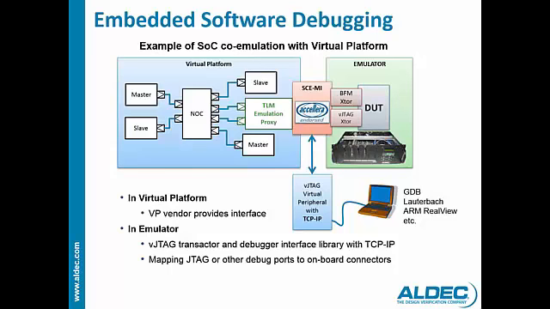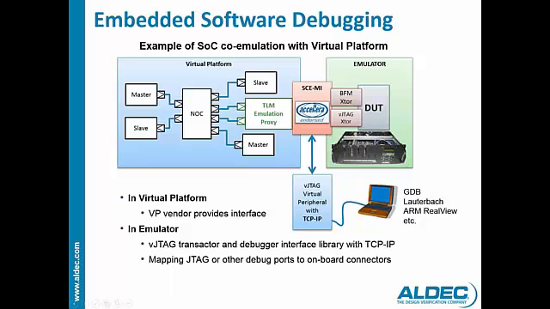But in a lot of projects there are some custom IPs, and these custom IP cores are usually available as RTL source code, and could be run in a simulator or an emulator, but there might not be a virtual model for the virtual platform.